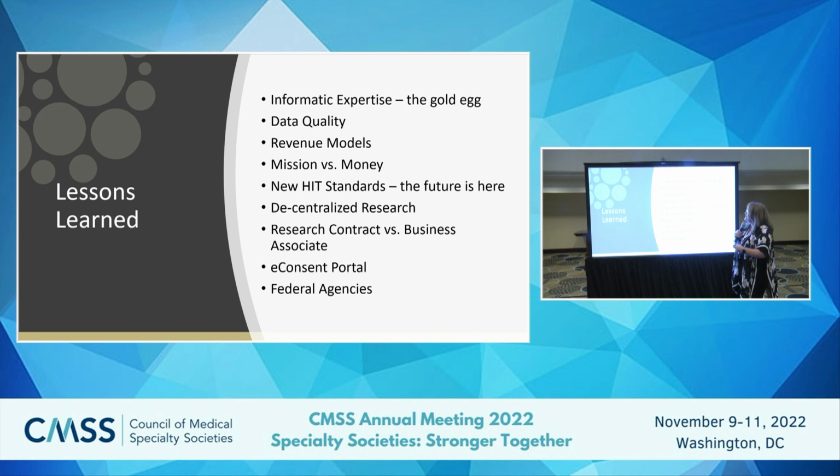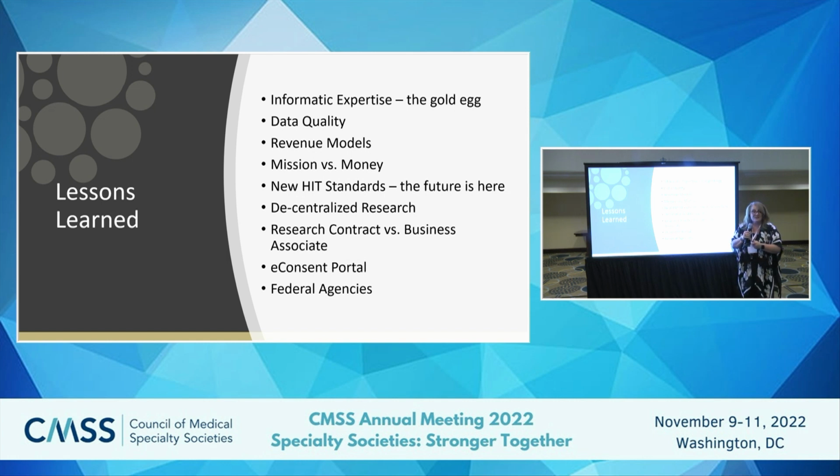And then just our lessons learned. So informatics, I talked about that combination of the IT and the medical, that finding those resources is very, very challenging. Data quality, and for us it's EHR data, and teasing out all those issues. You know, how are you going to pay for all of this? The revenue models. You have to have really good data quality. Mission versus money.